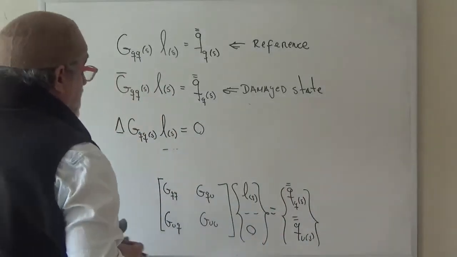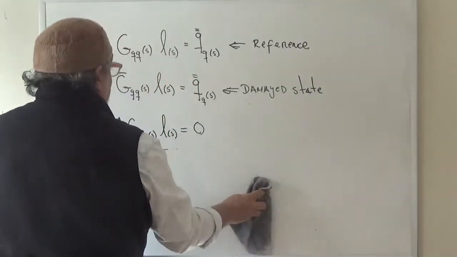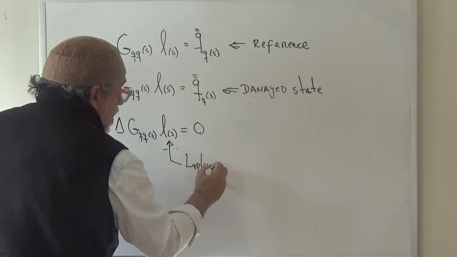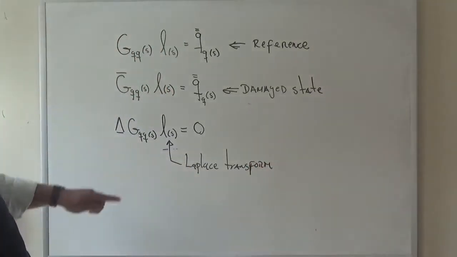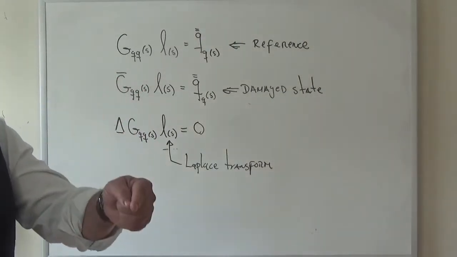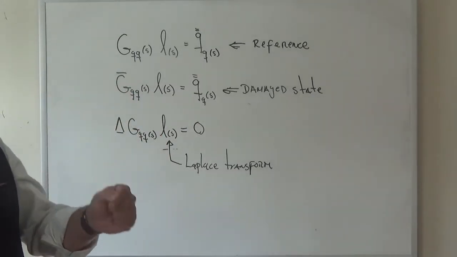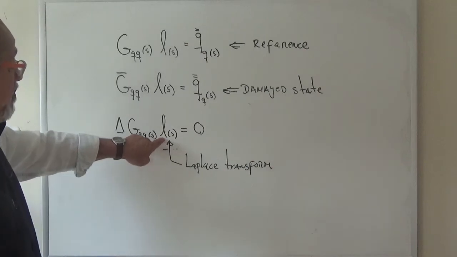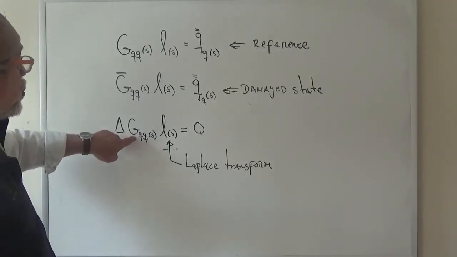And so we've arrived, after all these derivations, at the desired result, which is that the Laplace transform of the loads that we are trying to find, those loads that would produce the same response in the reference and in the damaged state, and that are restricted to be defined exclusively at the measured coordinates, are simply vectors in the null space of the change in the transfer matrix at the measured coordinates.